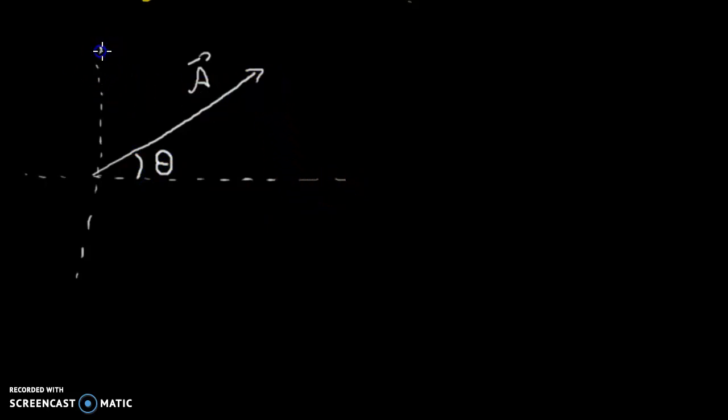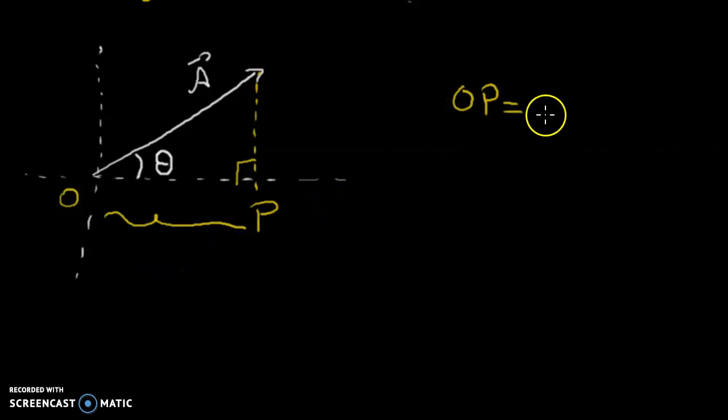Can you easily form a triangle like this? Can you drop a perpendicular here and name it P? With that, can you tell me what would be the magnitude of OP? Yes, it would be A cos theta.